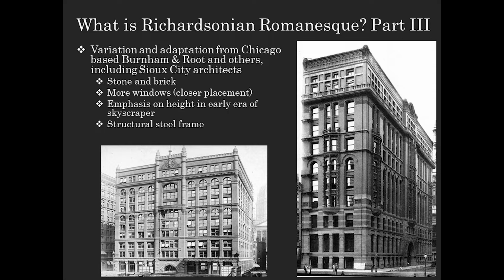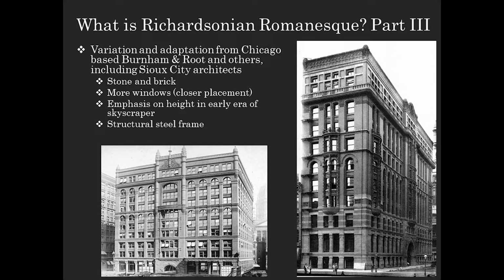We still see the use of stone, because that's one of the key elements of Richardsonian Romanesque, but we also see expansive use of brick. While original Richardsonian Romanesque architecture used very few window openings, in this era of the skyscraper, we start to see larger window openings and more windows.